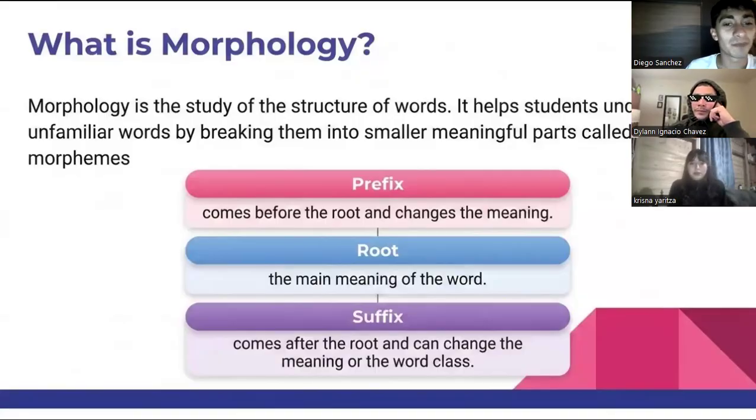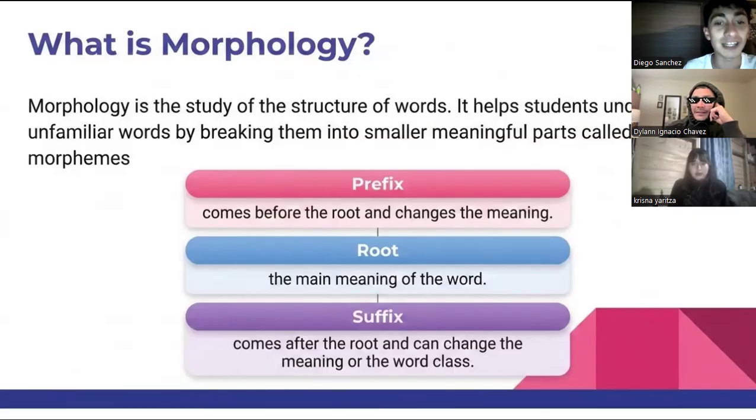Now, before we move on to the activity, we need to understand a little bit what morphology is. Morphology, as it says in the PPT, is the study of the structure of words and how words are formed from smaller units called morphemes. A morpheme is the smallest unit of meaning in language.